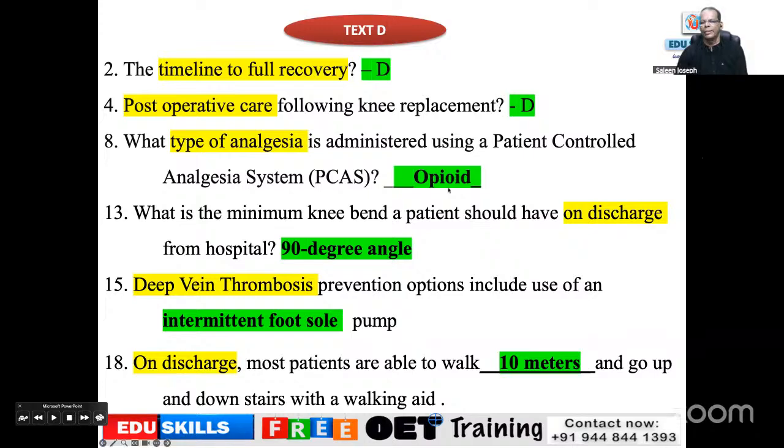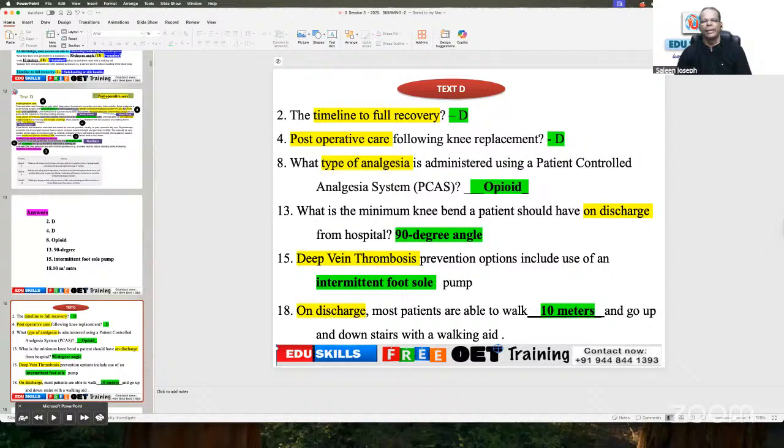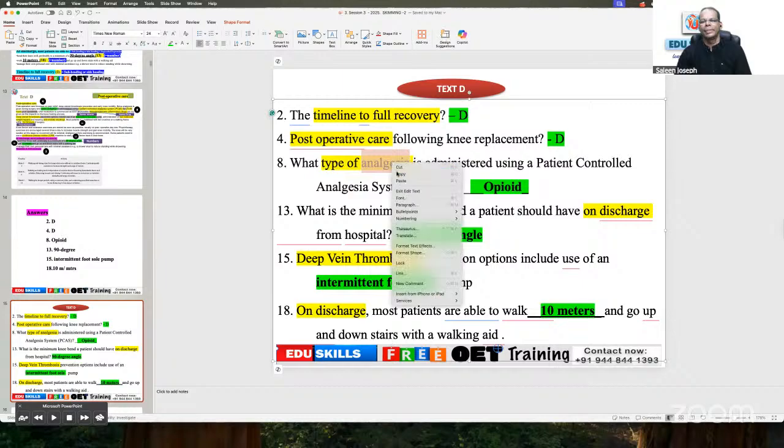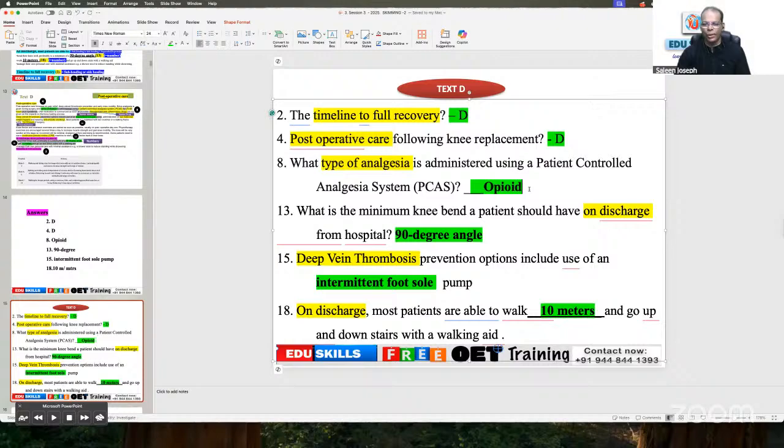This is not right if you write it that way. It should be opioid analgesia, because that is not a fill in the blanks. If it is fill in the blanks and analgesia is there, you cannot write it.